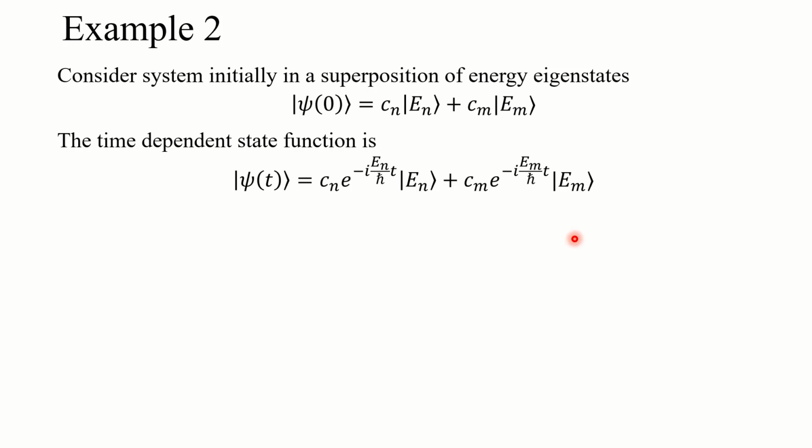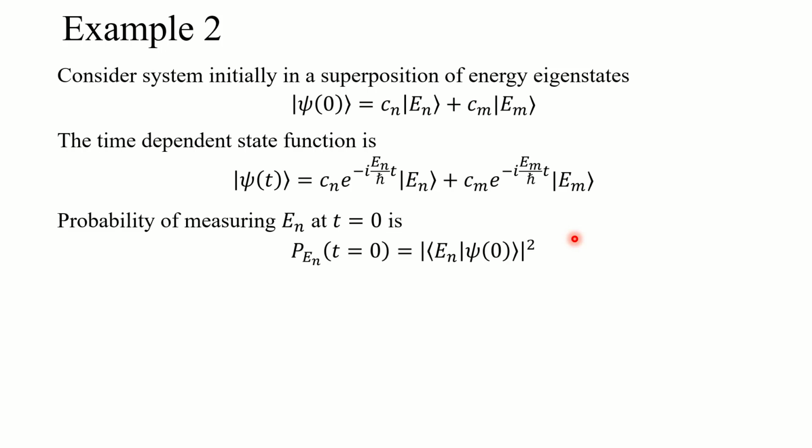Now, if this is the case, we can ask: if I make a measurement of the energy of this system, what's the probability that I measure the system in the nth eigenket? At t equals 0, what's that probability? Well, we know from postulate 4, the probability of measuring that eigenenergy is the eigenbra times the state of the system when we made the measurement, i.e. at t equals 0.